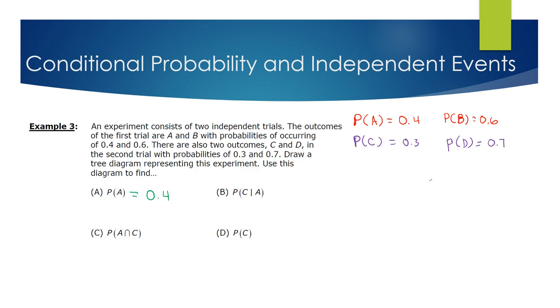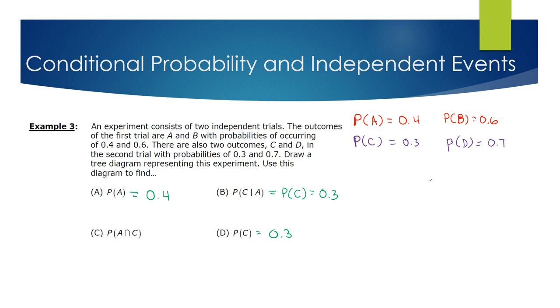So if I say the probability of C occurring given that A occurred, those are two different trials that are independent of each other. And since those are two different trials that are independent of each other, then the probability of C given A and the probability of C are going to be the exact same thing. They're both going to be 0.3. So it doesn't matter if A occurred or not. The probability of C occurring is going to be 0.3.